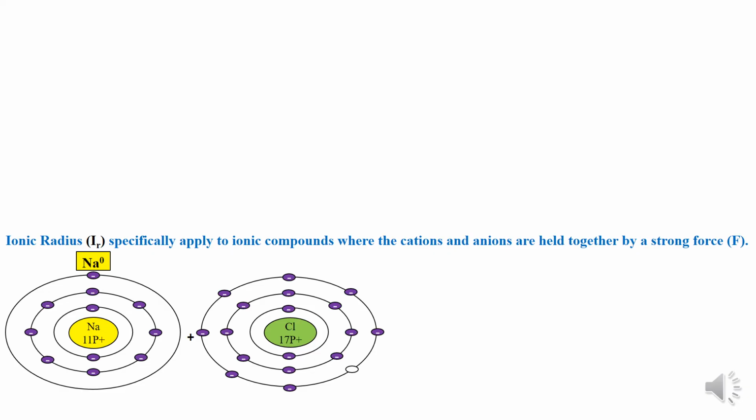So what you see is the electronic structure of sodium atom in the zero oxidation state or in the unreacted form, and the electronic structure of chlorine atom in the zero oxidation state or in the unreacted form. Now sodium is a metal while chlorine is a non-metal.